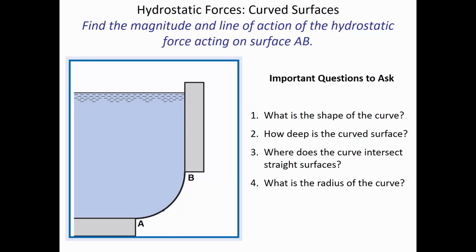And so we've got a gate that's curved and has varying depth, and the deeper we go, the higher the pressure is. Up here at this top edge of the gate, the pressure is relatively lower than if we go a little bit deeper into the fluid.